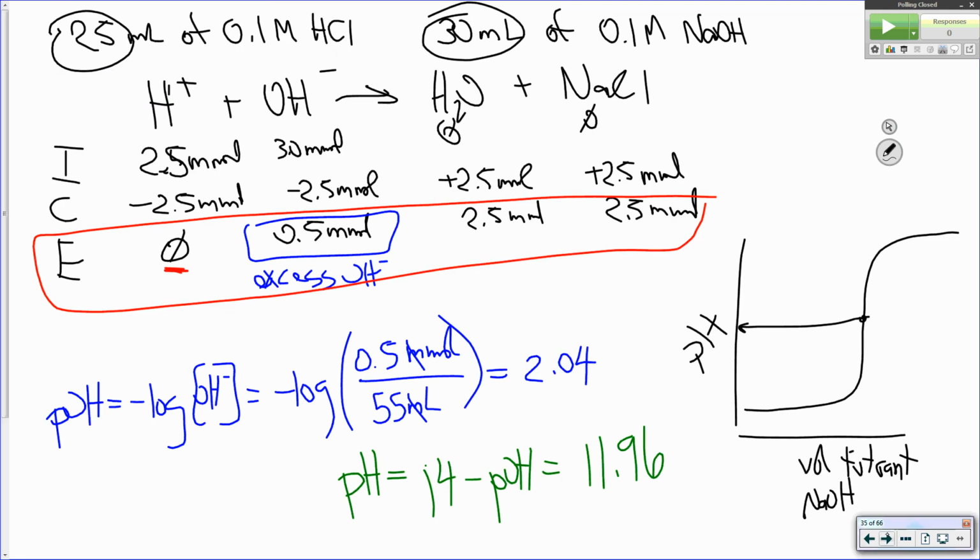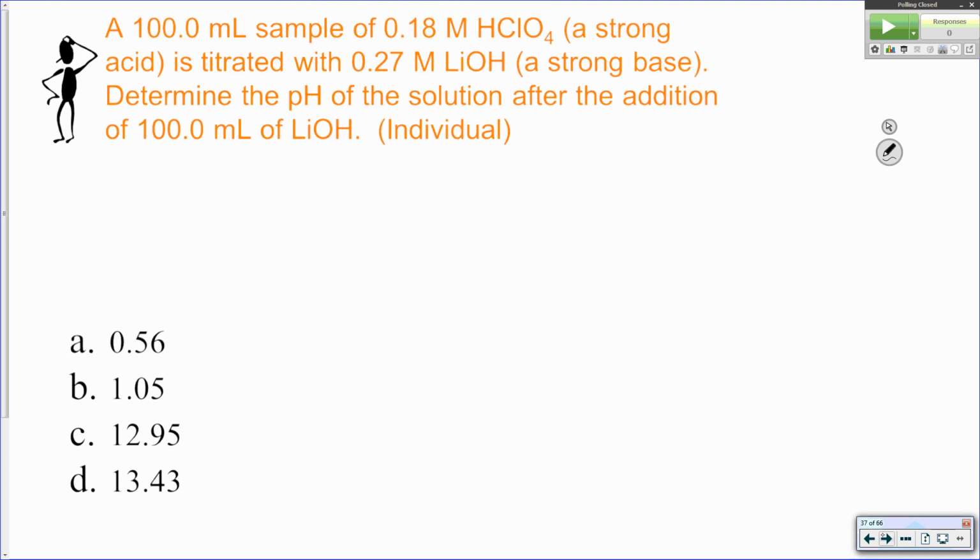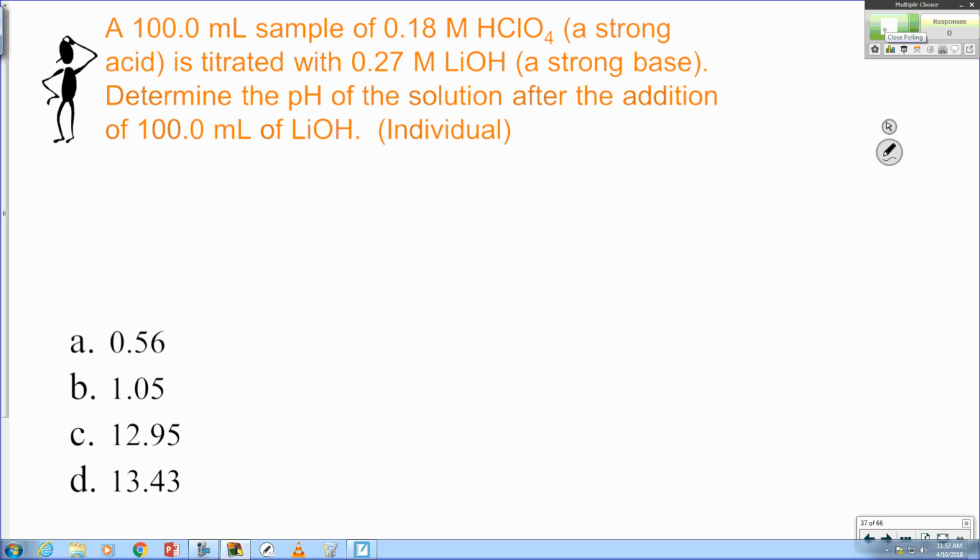Okay, so here's yours. Do it on your own. Dang, that's fairly close to what we just did.